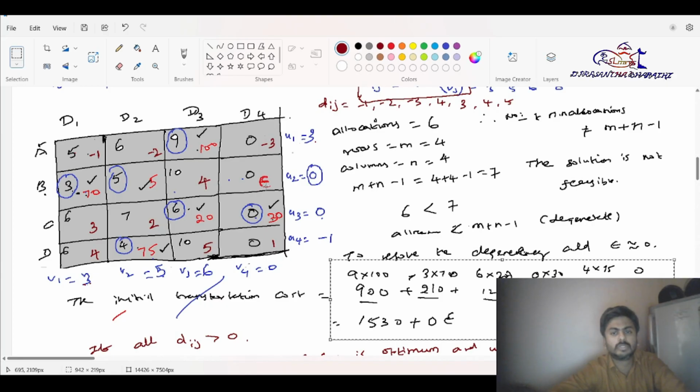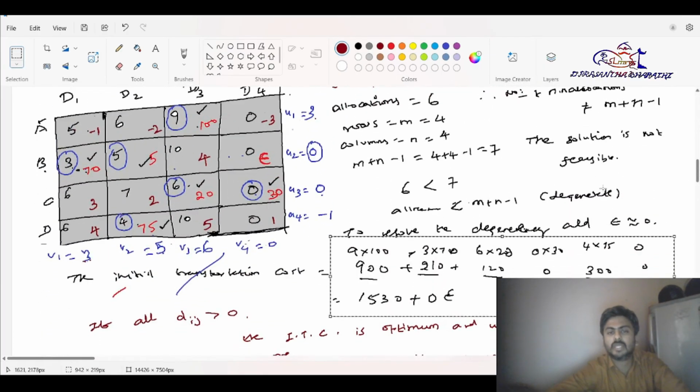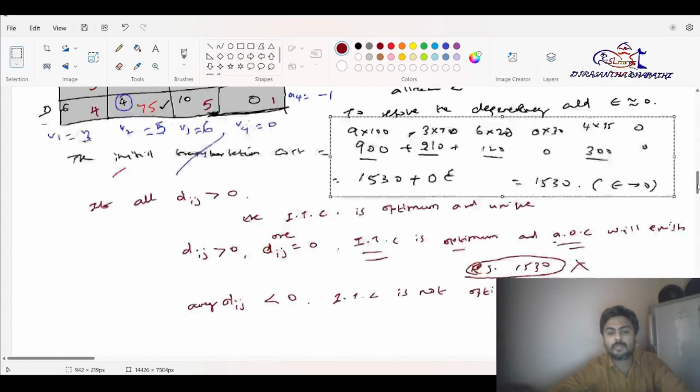When m plus n minus 1 and the number of allocations are equal, you can find it. Now you are putting one epsilon.